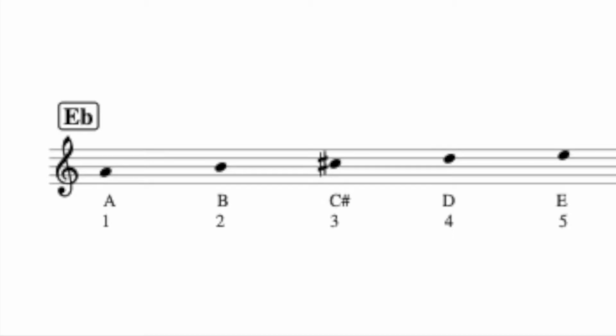And here is your notes for E-flat instruments. Okay, let's play these 5 notes from the bottom one up to the top one and back down. Go ahead and pause the video to do that a couple times, slowly if you need to.